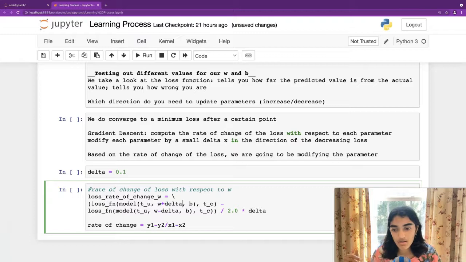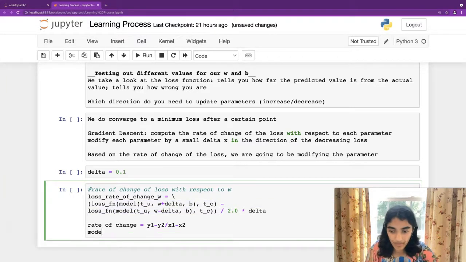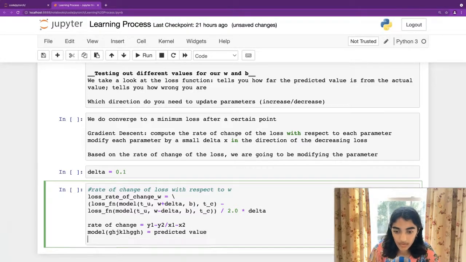Okay, so the model, if I could highlight this, is going to be our predicted value, and TC is our actual value. Okay, so that's what's going on.